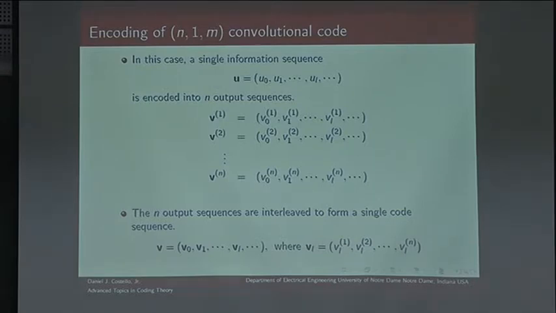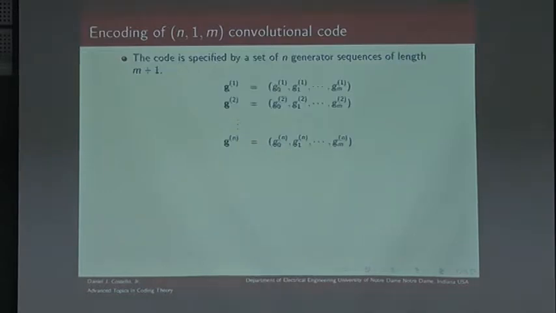We don't have to do that. We could simply write the n output sequences separately like this if we want to also. There are several of these ways of writing things, depending on what's convenient.